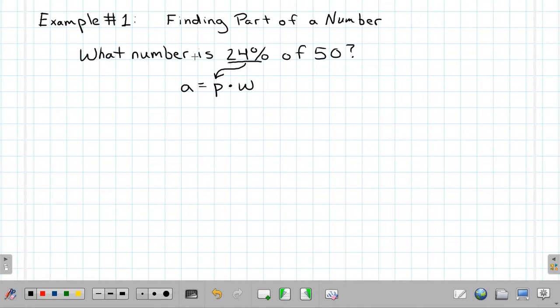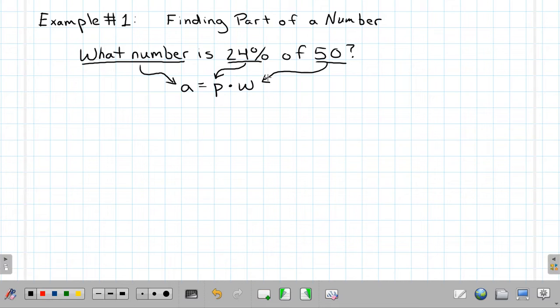And I'll elaborate this on the next slide here. What number is, well, in this case, whatever number that is not the percentage that is directly next to the word is, in this case, what number? Well, we don't know the number. Well, that's actually going to be the part of our whole, okay? And then 24% of whatever the percentage is taken of. So if you see the word of, what follows the word of is always going to be the whole, okay?